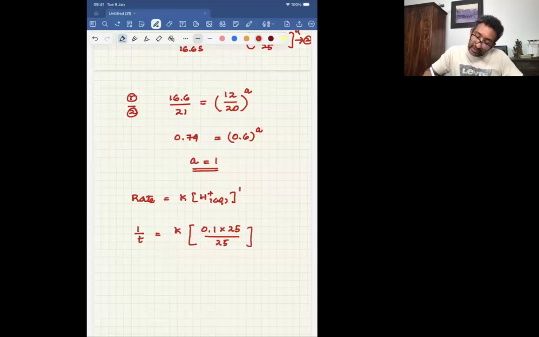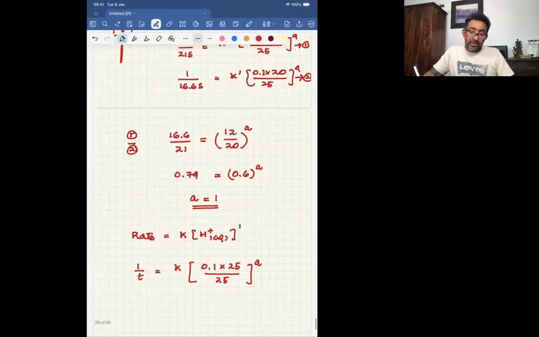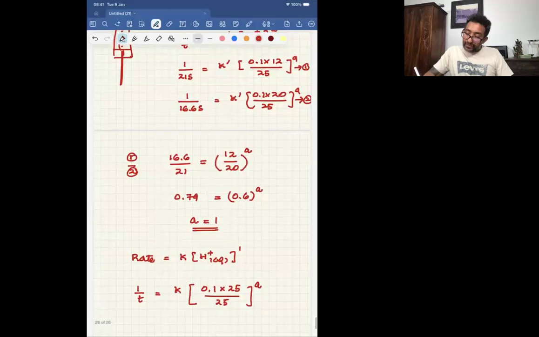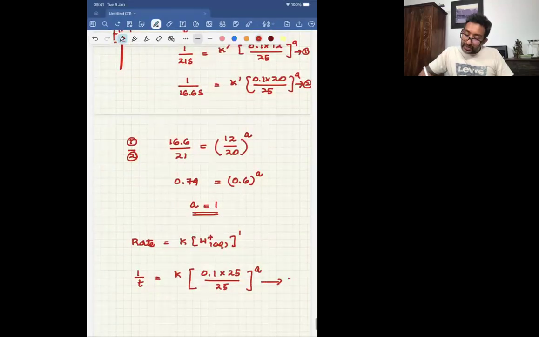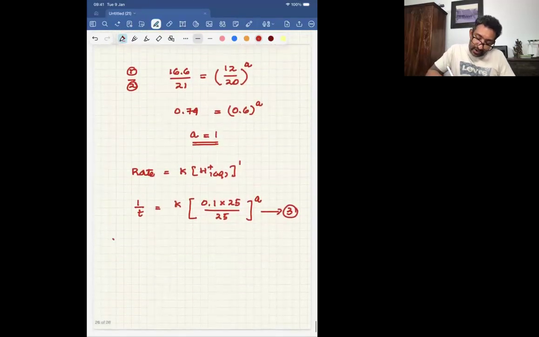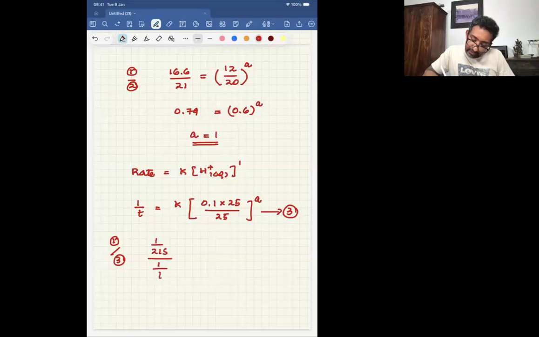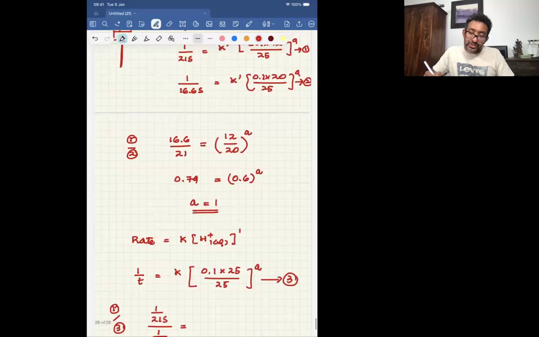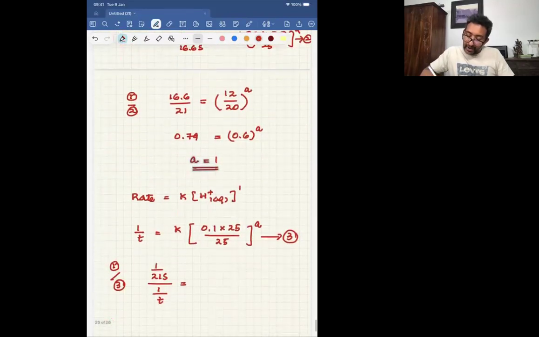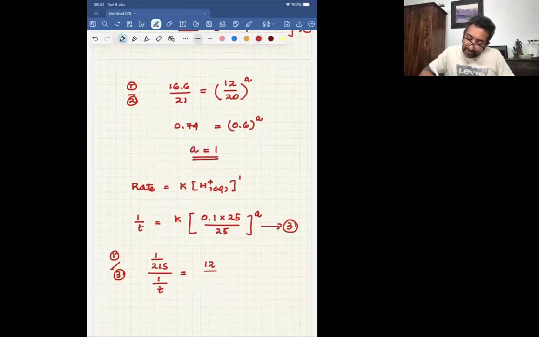Here, take 1 divided by 3 again: 1 over 21 divided by 1 over T is equal to 12 divided by 25 to the power 1.